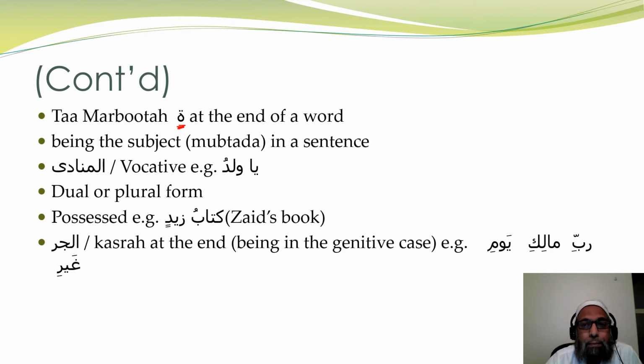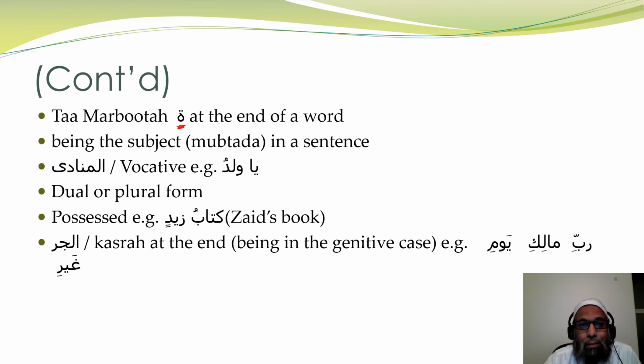Similarly, if the word is in the jar case, now what is the jar case? This is something you'll learn later on, and I don't want to overwhelm you or confuse you with the terminology. Basically, having a kasra at the end, being in the genitive case, is a defining point in determining that it's a noun.